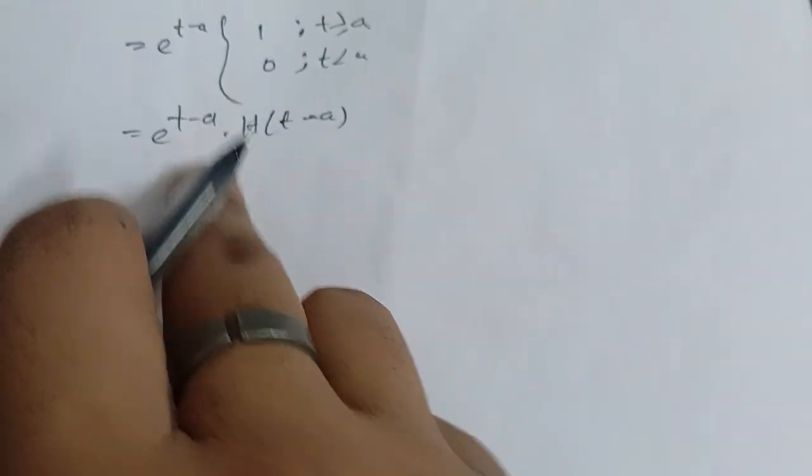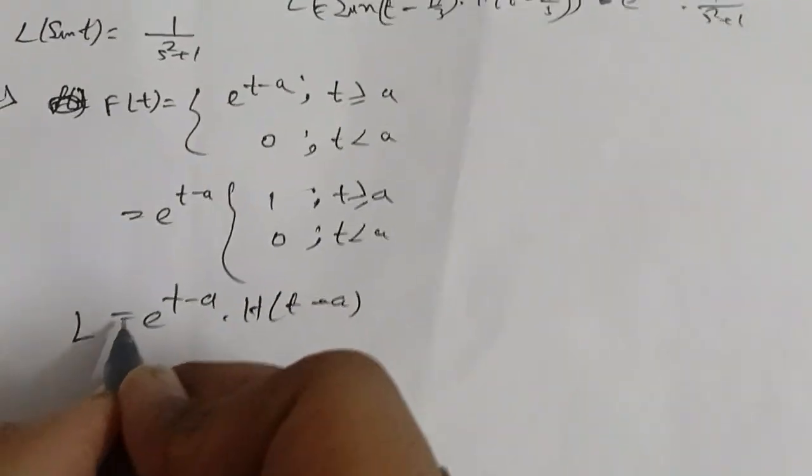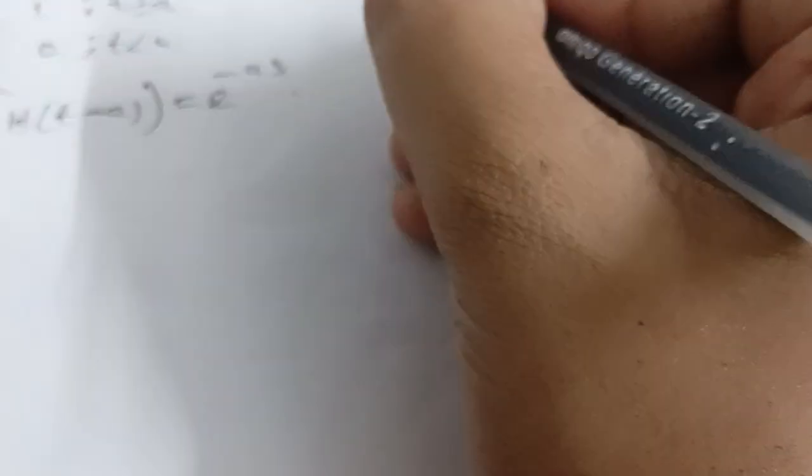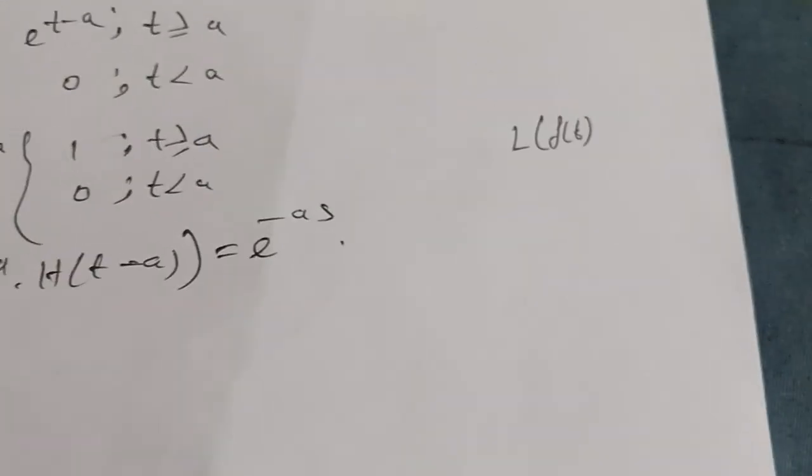So it looks like the Laplace of f of t minus a times h of t minus a, the unit step function. If we take its Laplace, what do we get? e to the power minus a s times F of s, where F of s is the Laplace of f of t. Here f of t is e to the power t, and the Laplace of e to the power t is 1 by s minus 1.